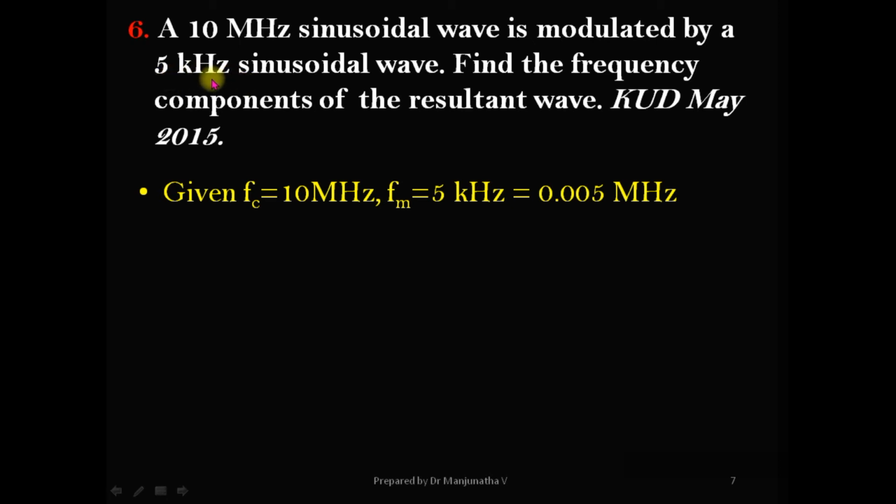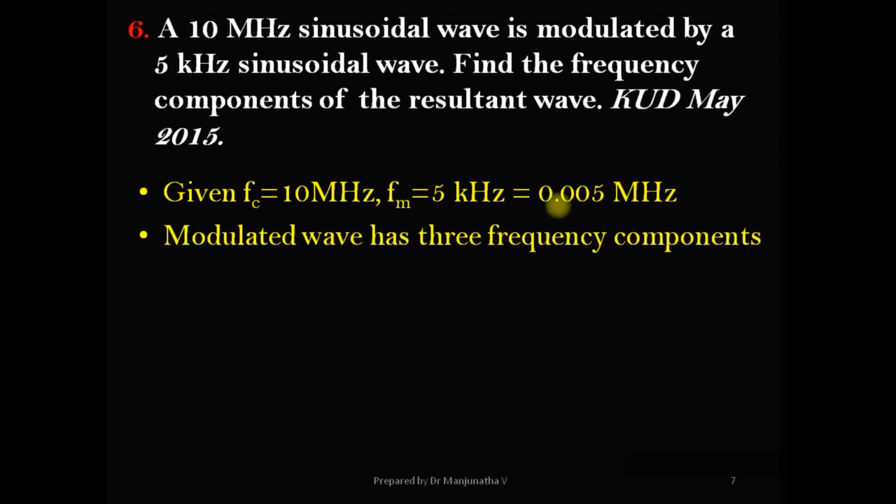Fm, and that is converted into megahertz, 0.005 megahertz. The modulated wave has 3 frequency components. One is the carrier wave, upper sideband frequency and the lower sideband frequency.